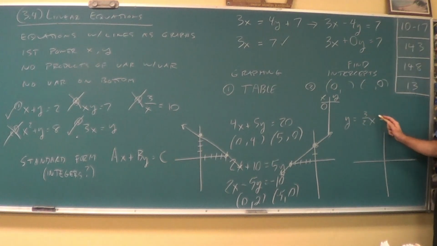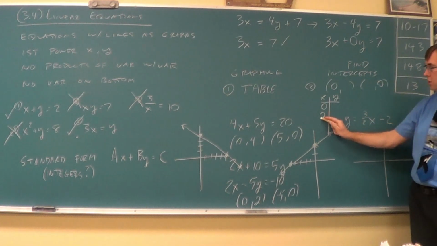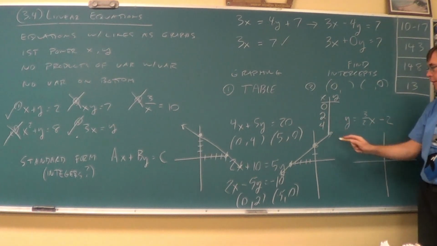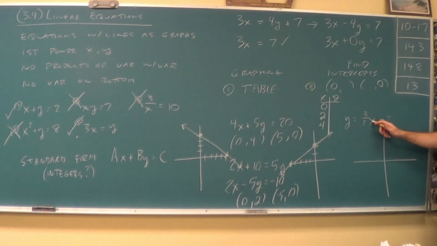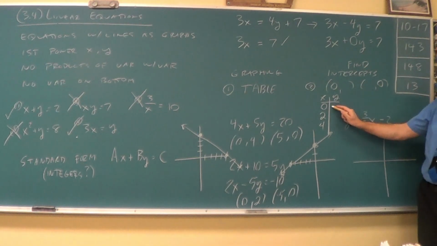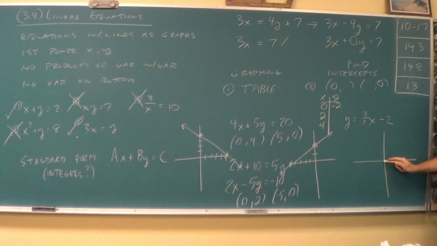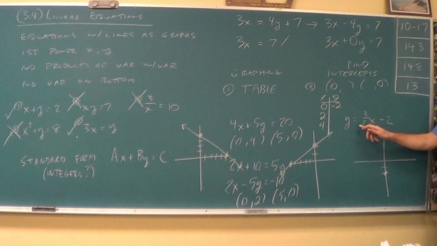Who's going to help me multiply and not get fractions? 2 and 4. So anything times 0 and then minus 2 is negative 2. Where is 0, negative 2? Down 2. If I do 3 halves times 2, the 2's are going to cancel.